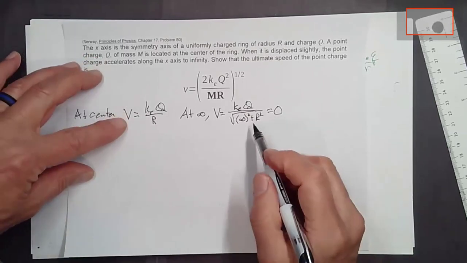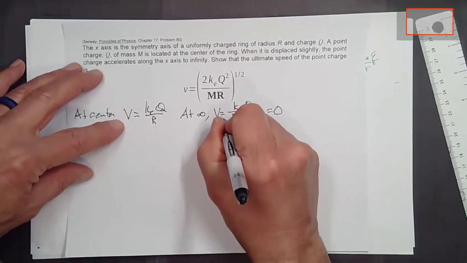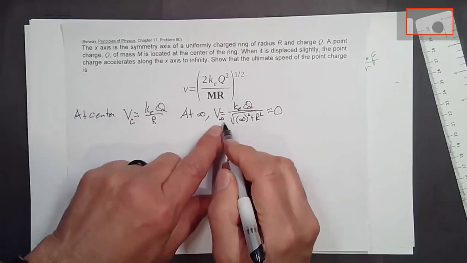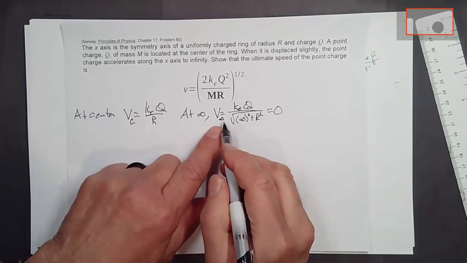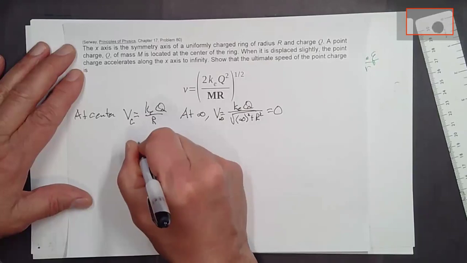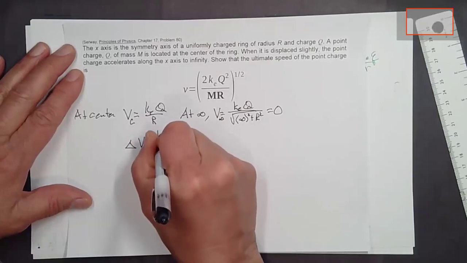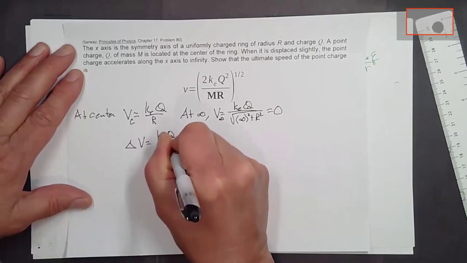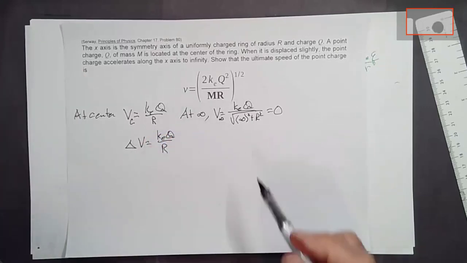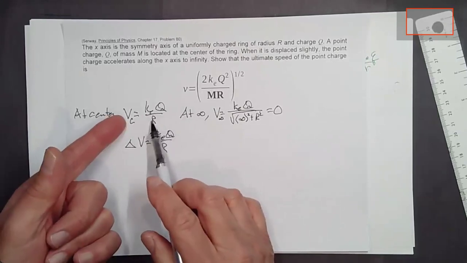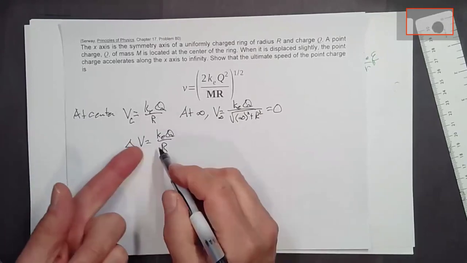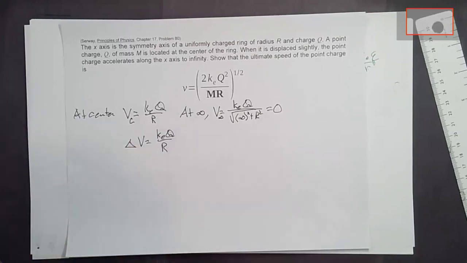So the potential difference between the center, this is V at the center, and the potential at infinity is going to be just this thing. Delta V is going to equal K sub E Q over R. And that's if we take the value at the center minus the value at infinity. If we did it the other way, it'd be minus K sub E Q over R.